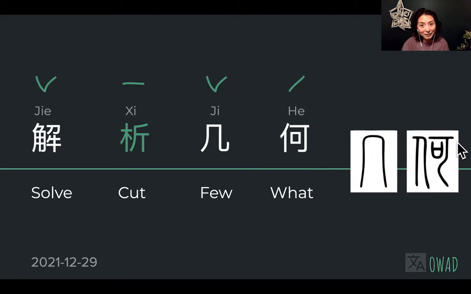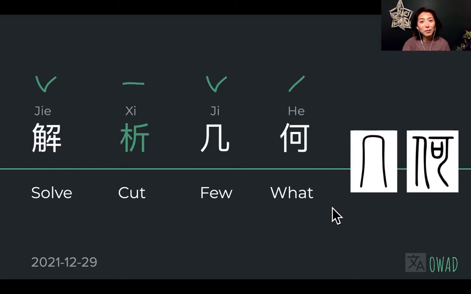Because you cannot, it has to be like a full number. So 几 means number, right? So 几何. So instead of saying 和几 over here, like what many or how many, we put 几 in front of 和. 和 means few what, right? So that's like how many. So we have cutting, how many.